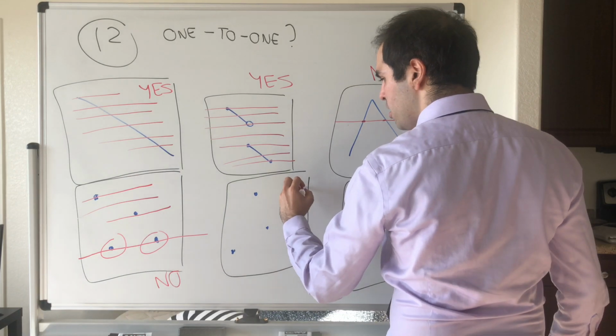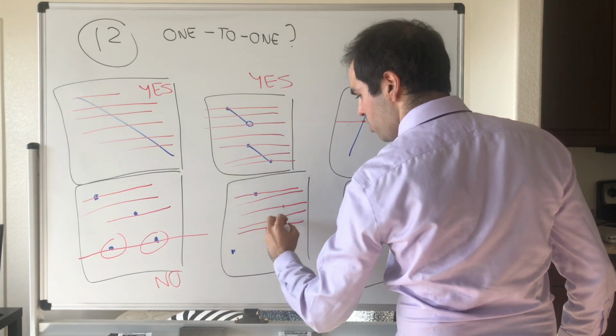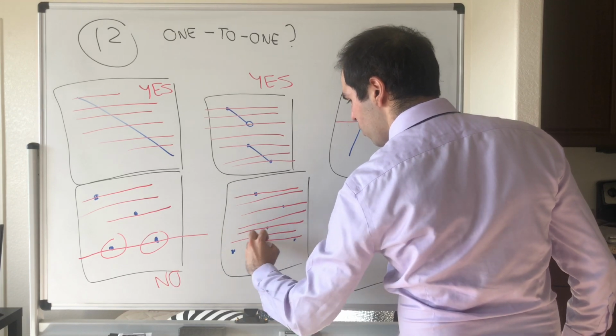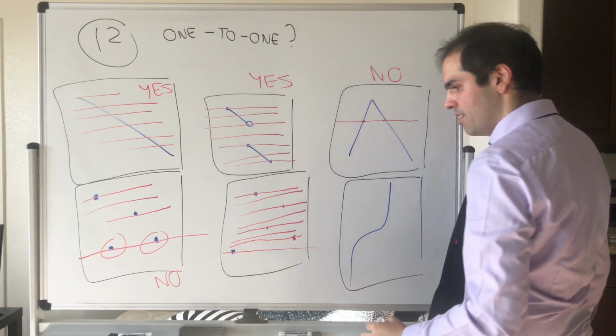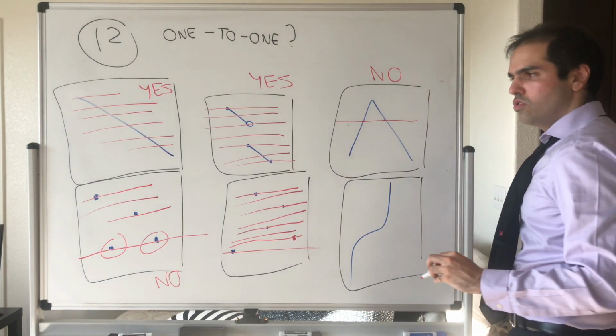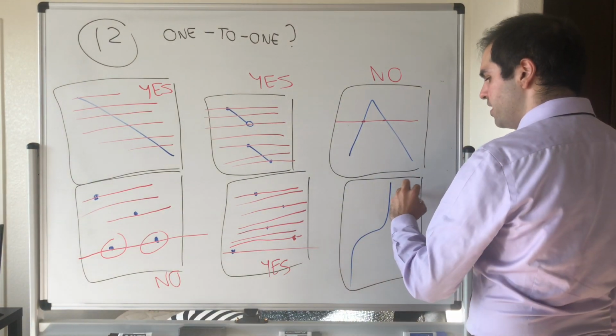What about here? Well, once, 0 times, once, once, 0, 1, 0, 1, 0. So I drew it badly, but it should be here. So this one, it turns out, is also 1-to-1. So yes. And how about here?